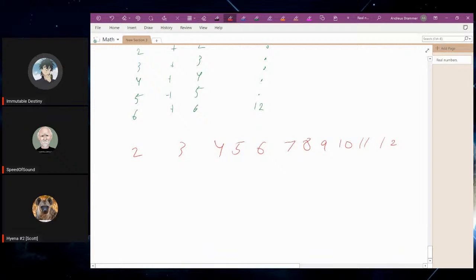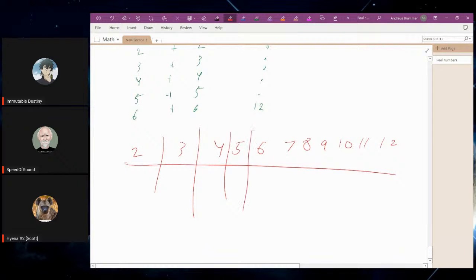And we'll count the number of ways that we can get each of these. So, for instance, the number of ways I could get 2 by rolling 2 dice with 6 sides.